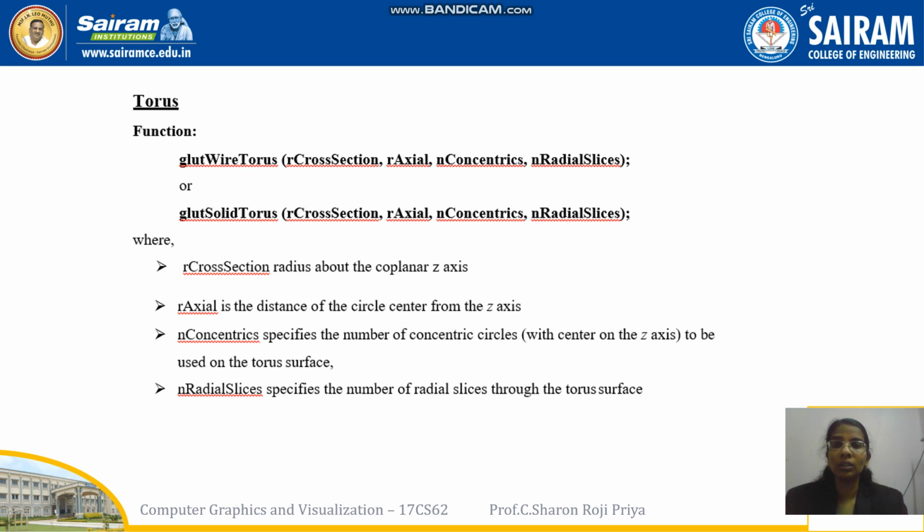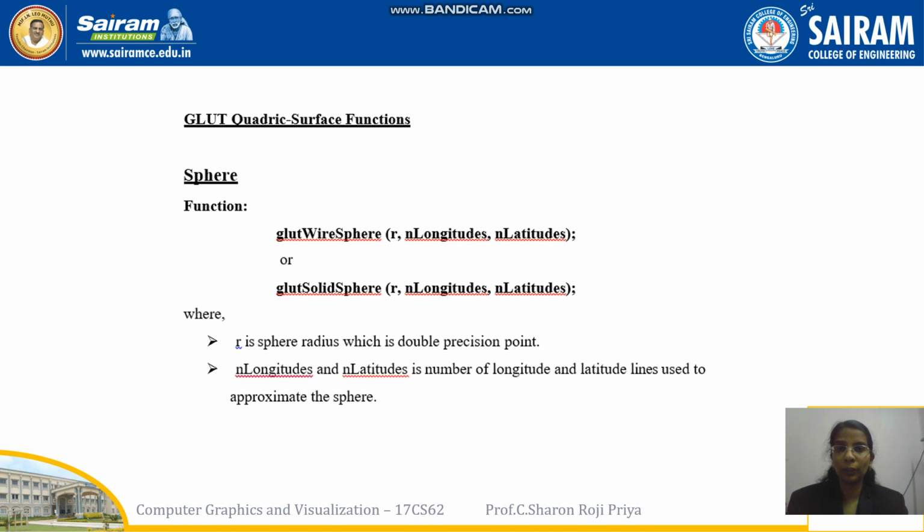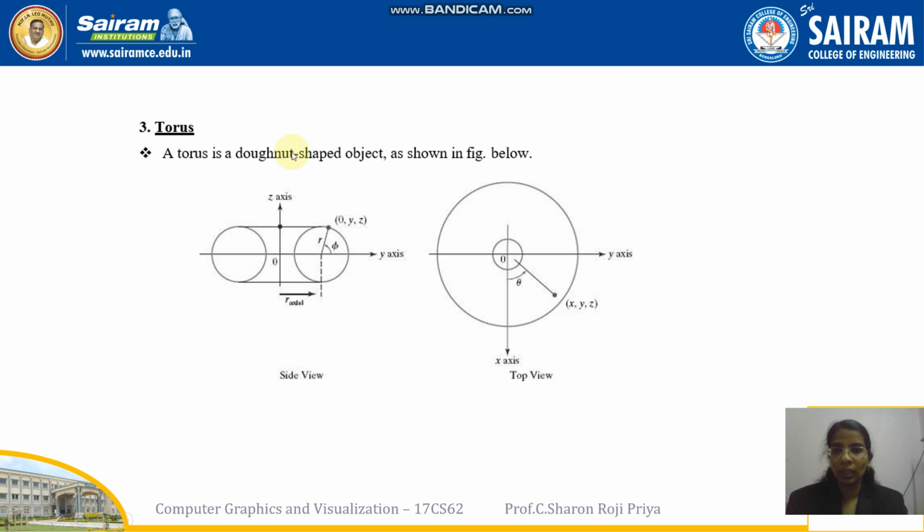Next is the torus. For the torus I need the cross section radius and R axial. From the center of my circle, I told how I'll get this torus: I have to rotate a circle or an ellipse along the coplanar z axis. So here R axial is the distance from the z axis to the center of my circle.